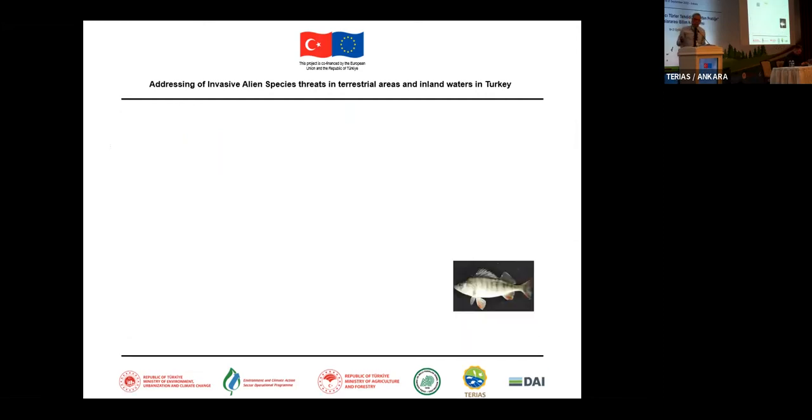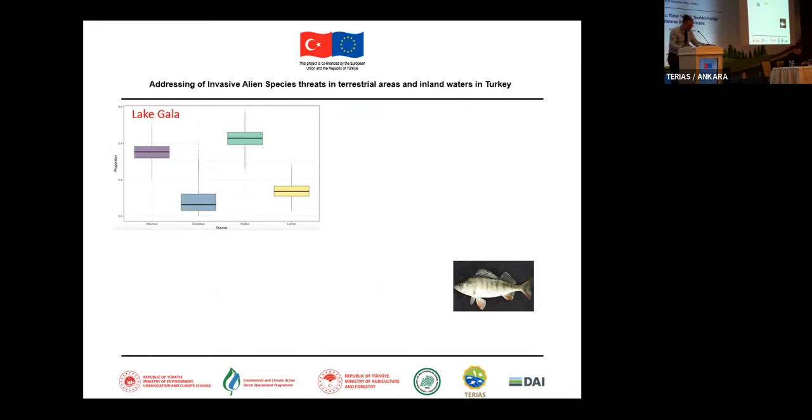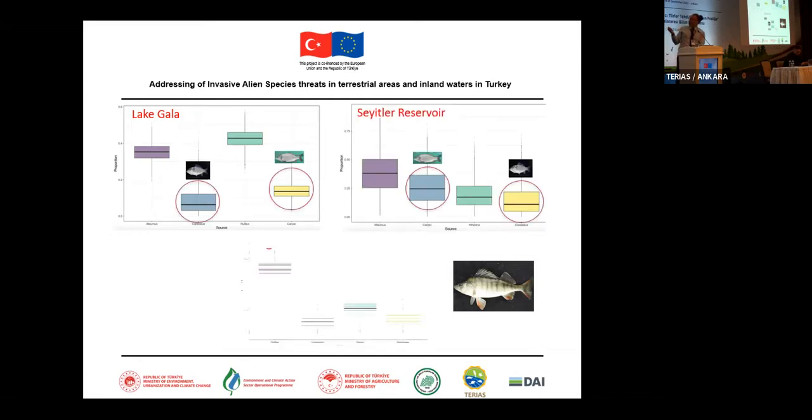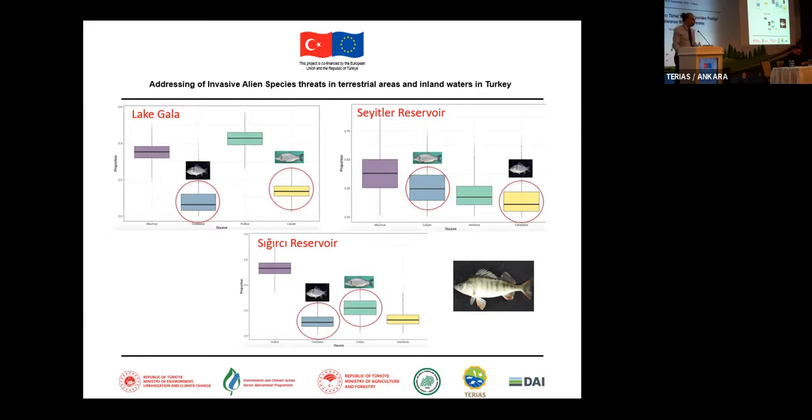For the perch, we also tested, given the predator pressure of perch, whether common carp or gibel carp is more affected, which one is less affected. And as you see, in each case, gibel carp is the less preferred or used food component of the perch.